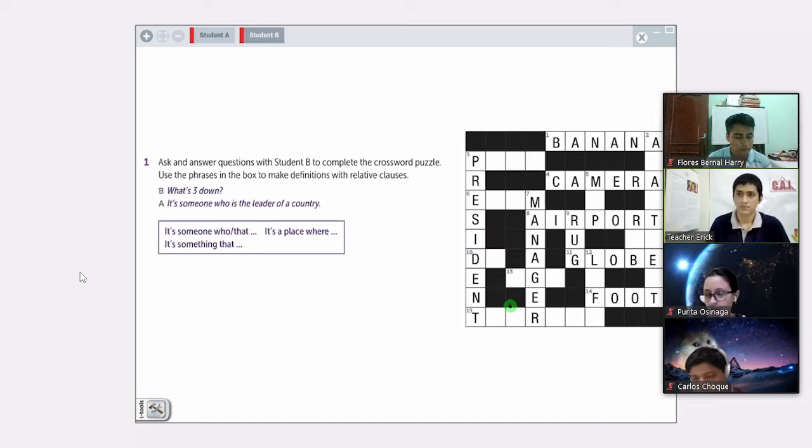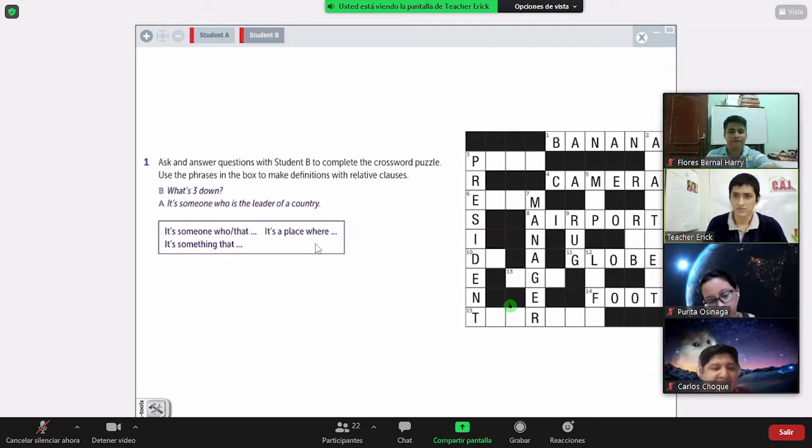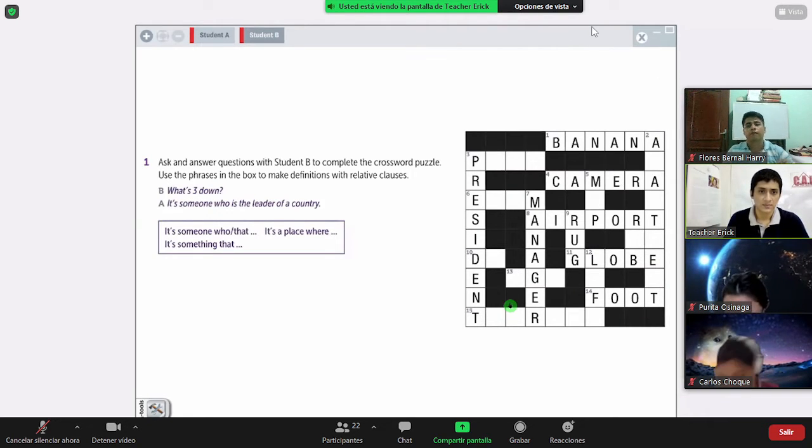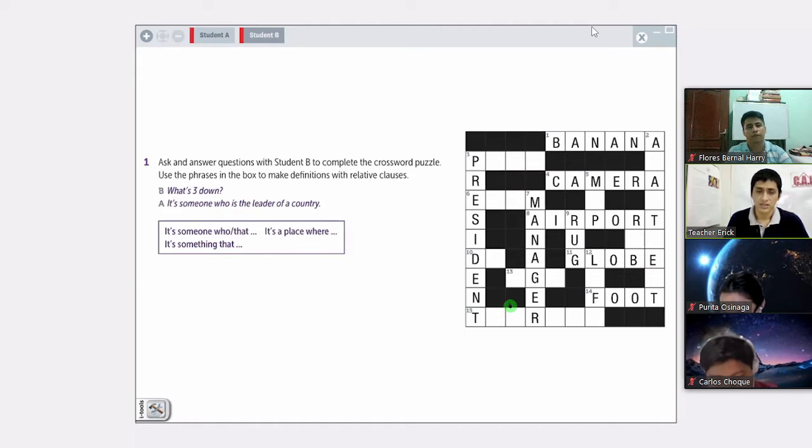For example, what's 3 down, it says. So 3 down, in this case, student B doesn't have 3 down, right? That's why they're asking, what is 3 down?